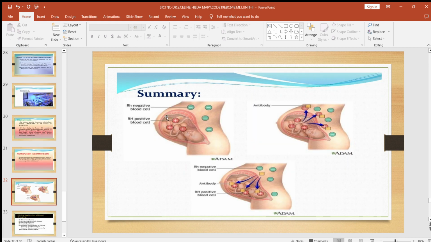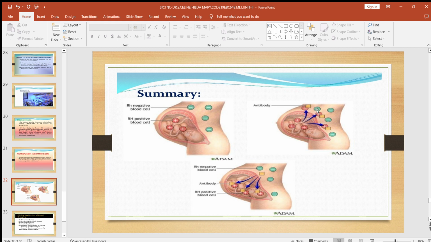Summary: RH negative blood mother. If the mother carries RH negative blood, the father may be RH positive, so the baby sometimes may have the RH positive blood group. The RH positive blood may enter the maternal blood circulation and act as an antigen and produce antibodies against the RH positive.